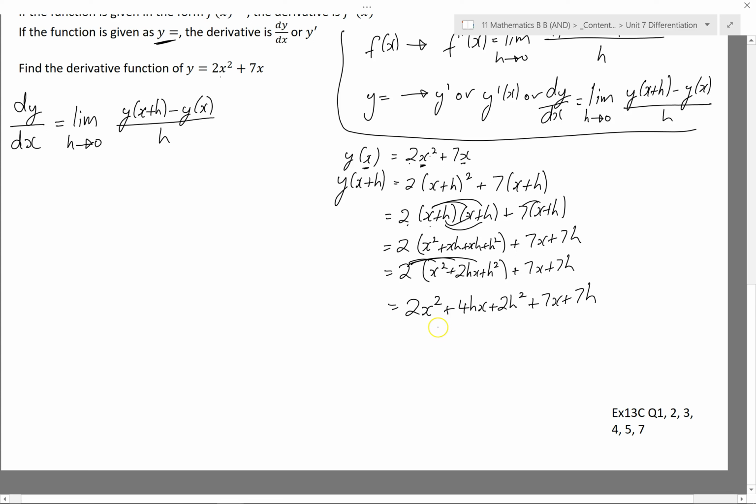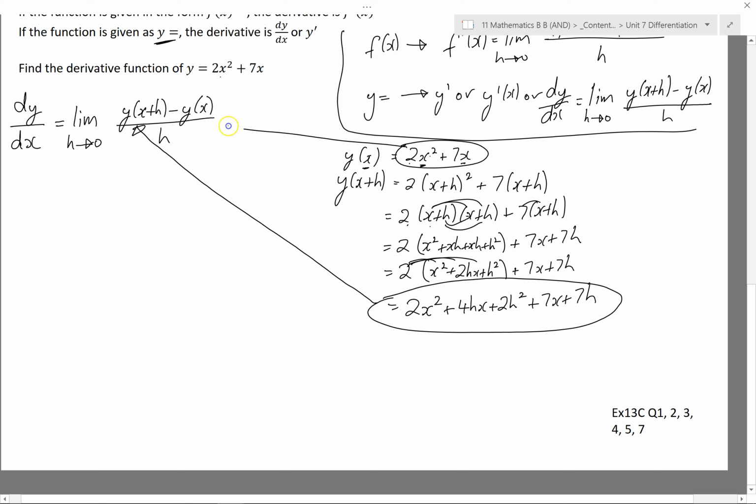Okay, so this is my y of x plus h. This whole expression is what's going to go in here, and y of x is going to be 2x squared plus 7x. Those two will go in there. Okay, let's do that.